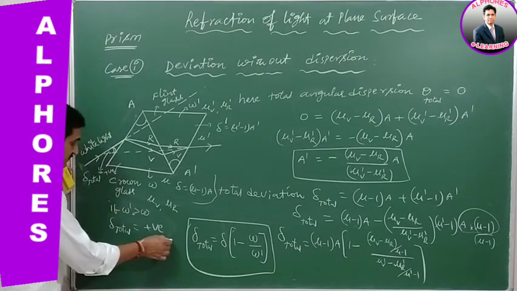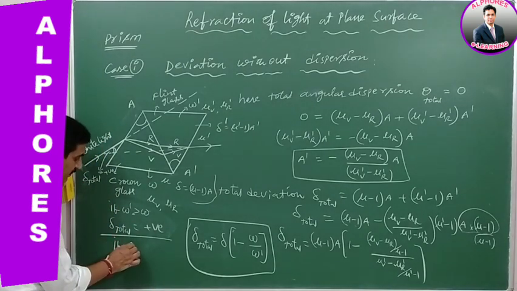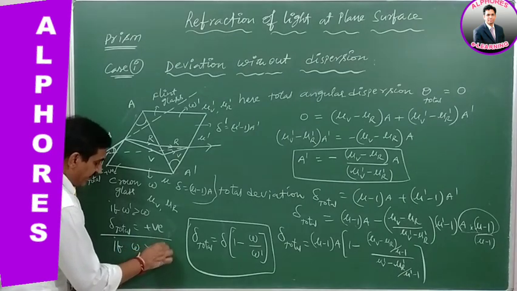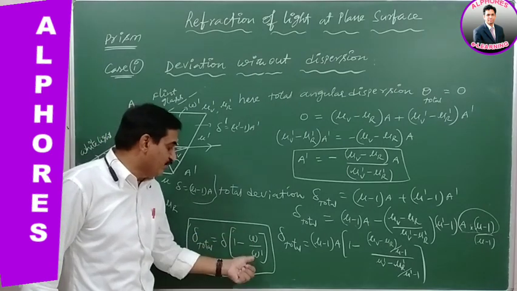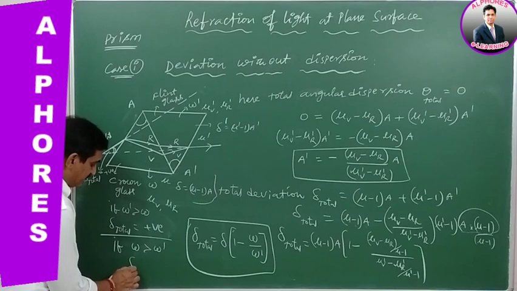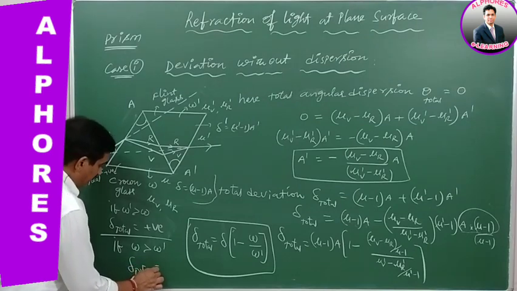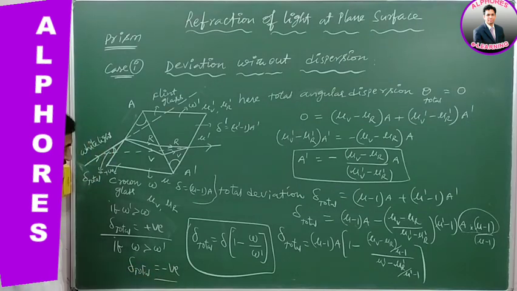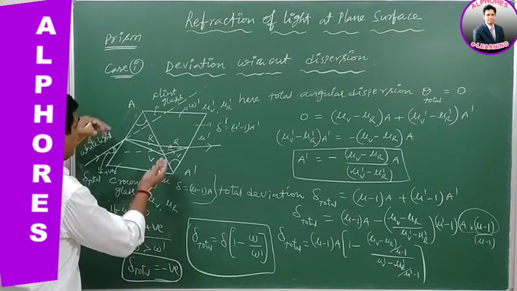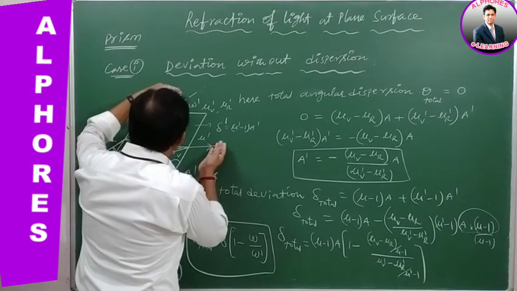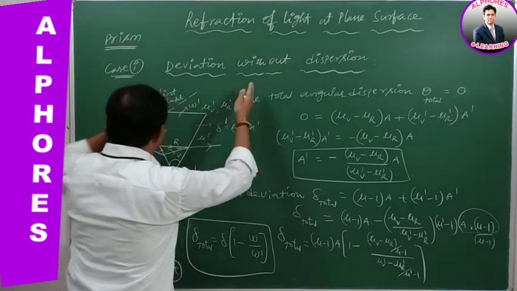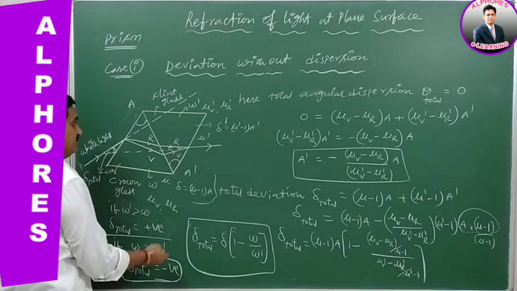Sometimes, case 2, if omega is greater than omega dash, by simplifying this, you will get total deviation as a negative value. Negative in the sense that by extending these two light rays, incident and emergent ray, they will meet in the forward direction somewhere, which is giving the deviation which is negative.